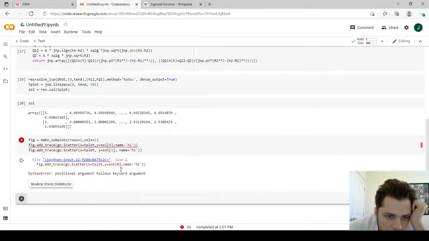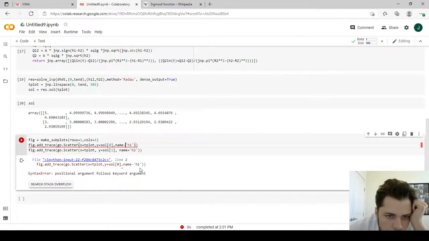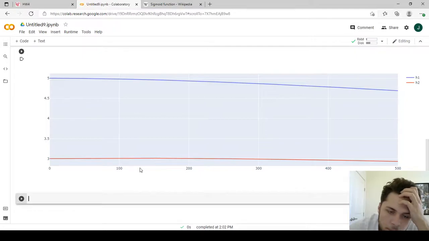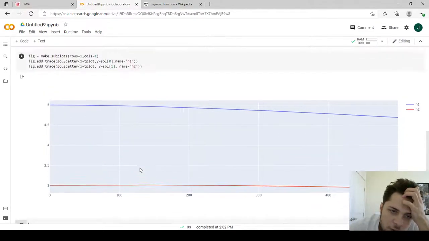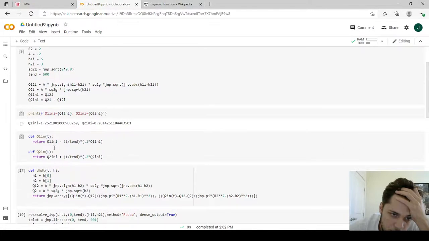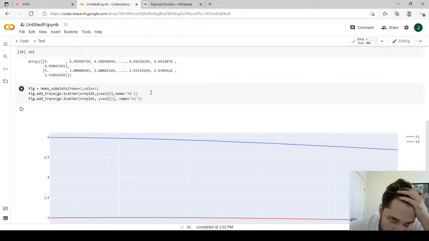Argument follows keyword. Huh? There. Those are my change in heights with our change in our inlet flow rates.